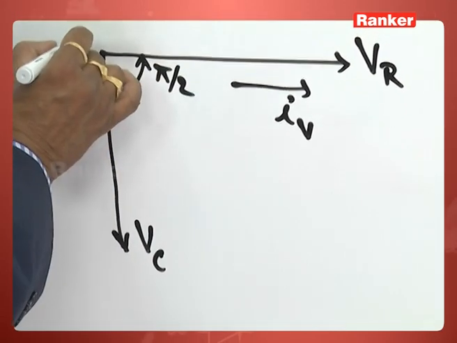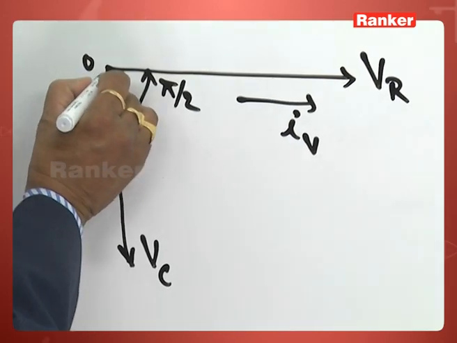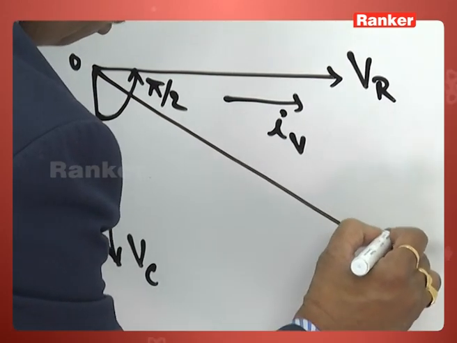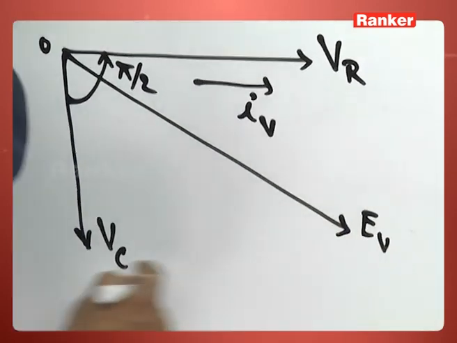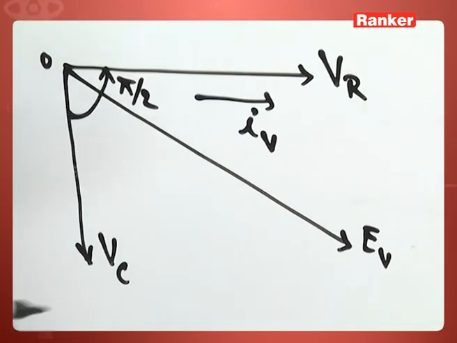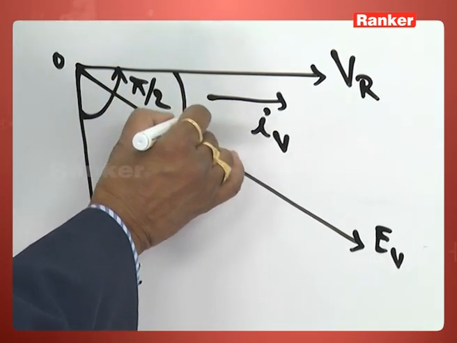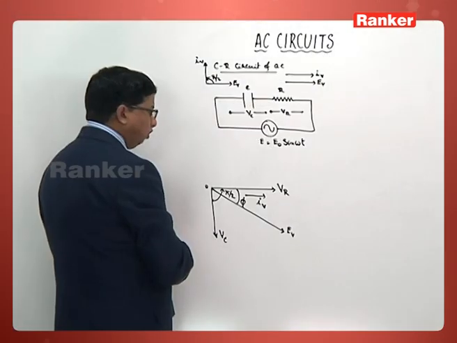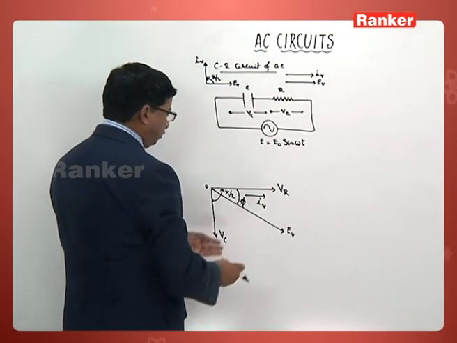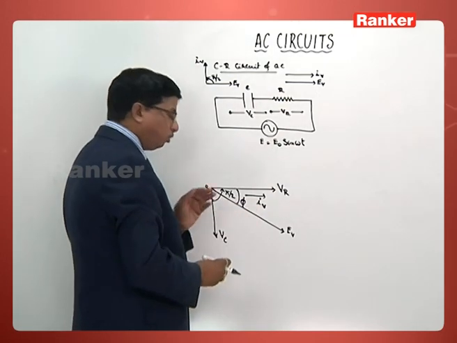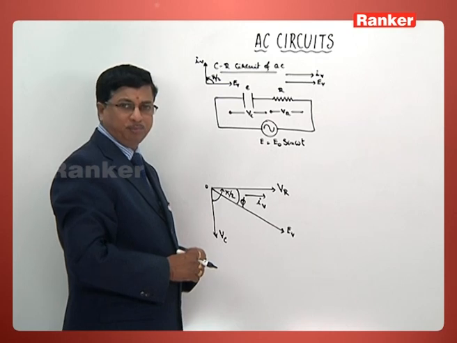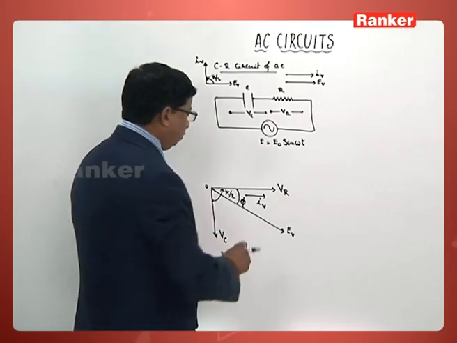As a result of these two, we find the virtual value of EMF along this line. Taking this angle as phi, we once again can write equations relating these three quantities. So what is the first equation we want?